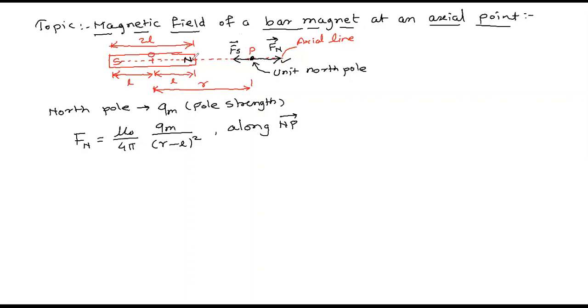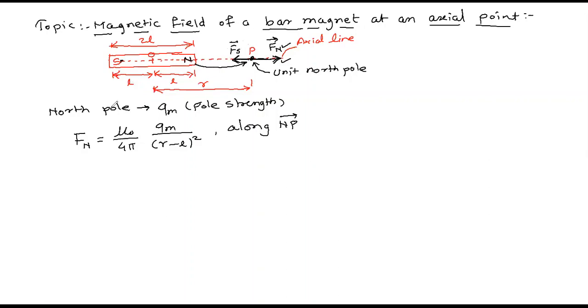But since the north pole is closer to point P, this force is greater than the other, because the south pole is farther away. Therefore I have shown a bigger line for this one and a smaller one here, indicating the magnitudes. So the directions are opposite and the magnitudes also differ.